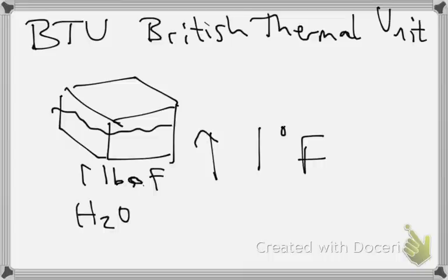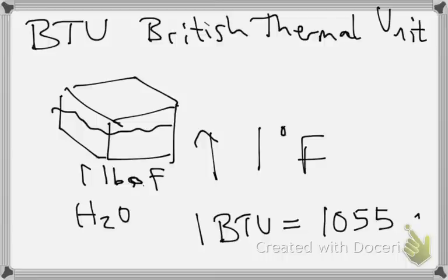It's kind of an obscure unit, but picture 1 pound of water. And if you think that a gallon of water weighs 8 pounds, about 1/8 of a gallon. So raise 1/8 of a gallon of water 1 degree Fahrenheit. That's 1 British Thermal Unit, or BTU. And 1 BTU is 1,055 joules. BTUs are often used to measure the amount of energy in heating and cooling systems.